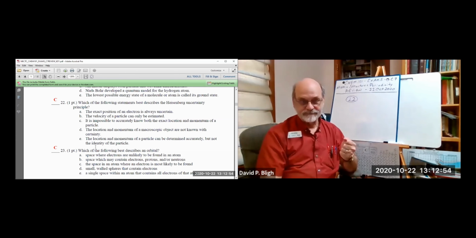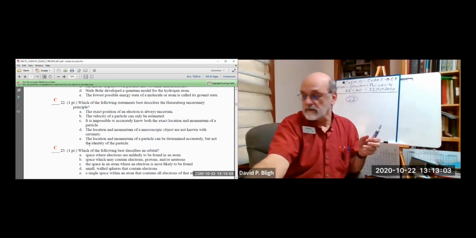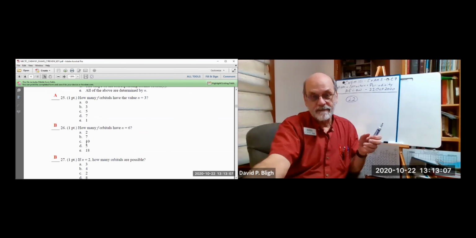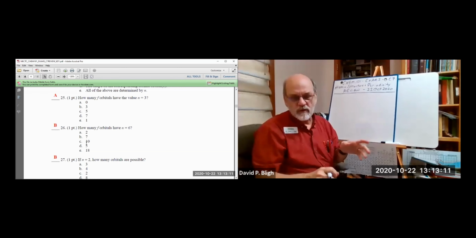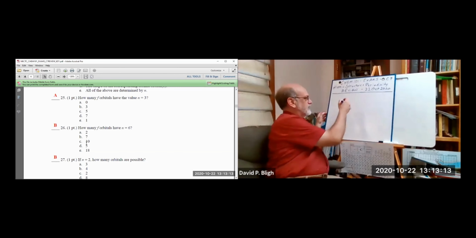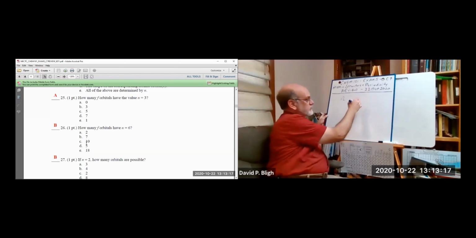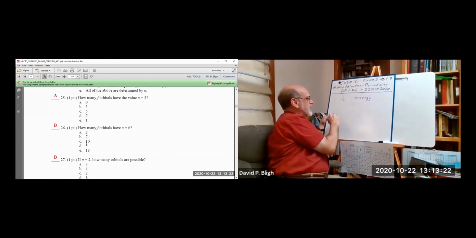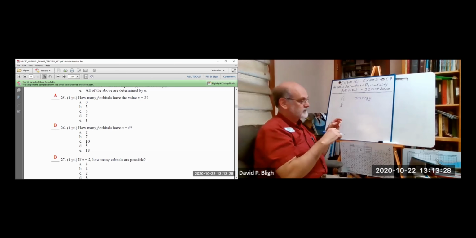Okay. Now we're going to get to electronic structure with 25. All right. So let's just do a quick review of our 4 quantum numbers. Principal quantum number has to do with energy levels. Angular momentum quantum number has to do with what?